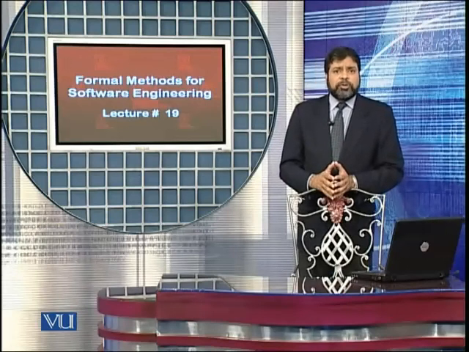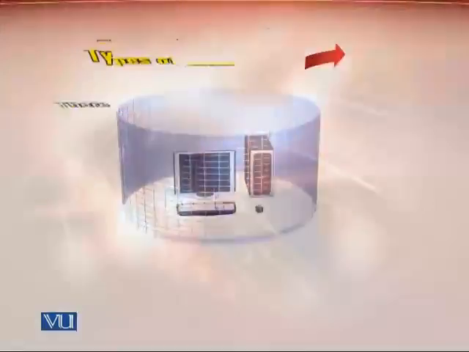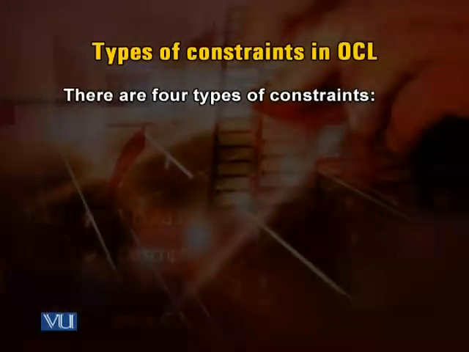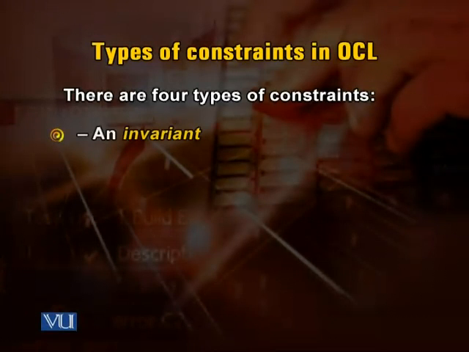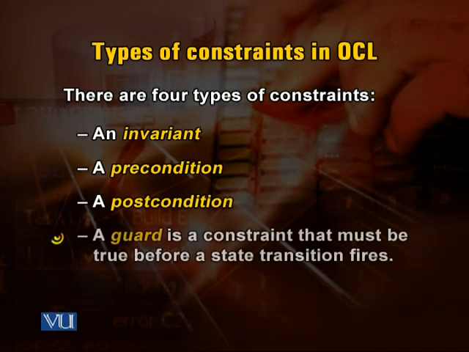Let me go back to slide once again and then discuss a few more definitions. There are 4 types of constraints, as I already mentioned. These constraints are an invariant, a precondition, a postcondition, and a guard, which is a constraint that must be true before a state transition fires.